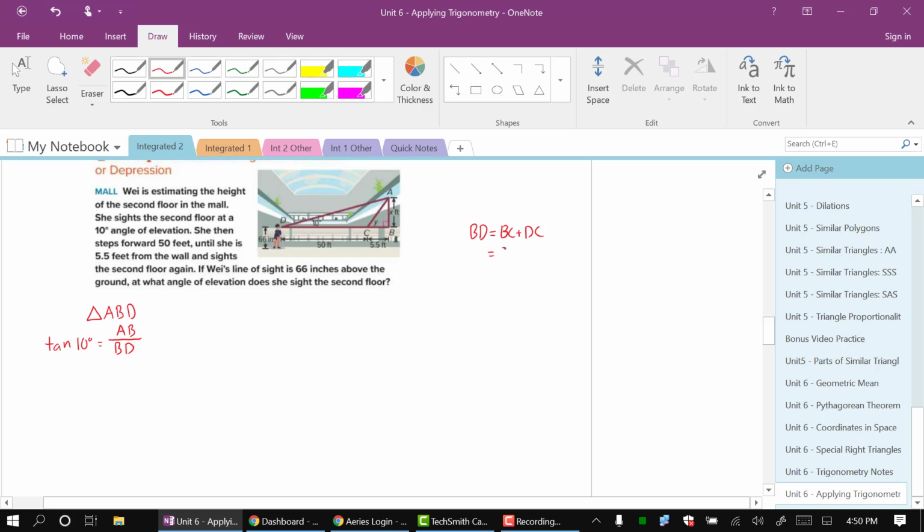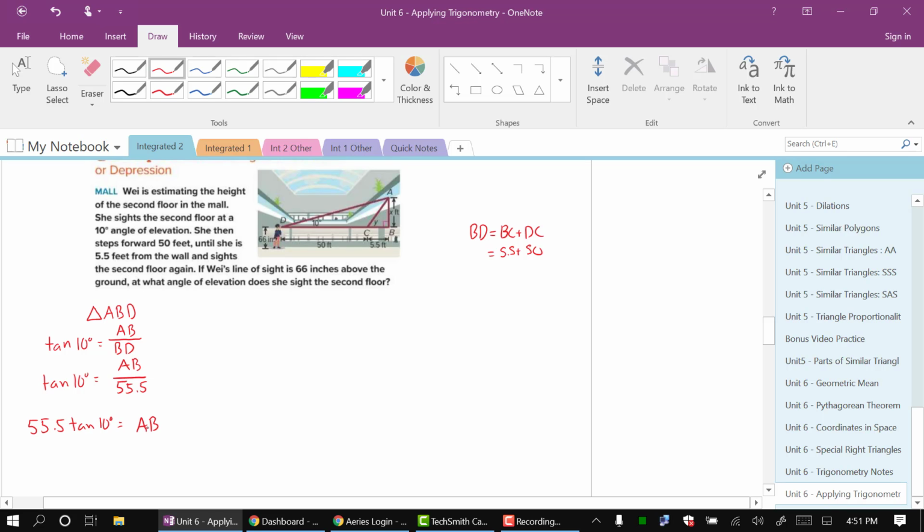So that gives you 5.5 plus 50. So that gives me tangent 10 degrees equals AB over 55.5. Multiply both sides by 55.5. That gives me 55.5 tangent 10 degrees equals AB.